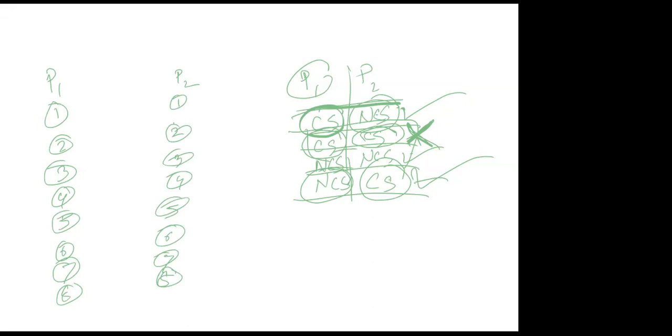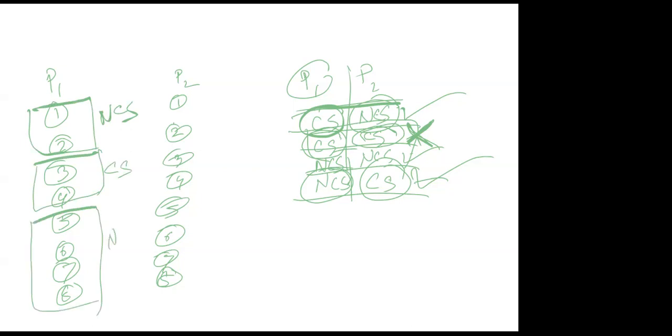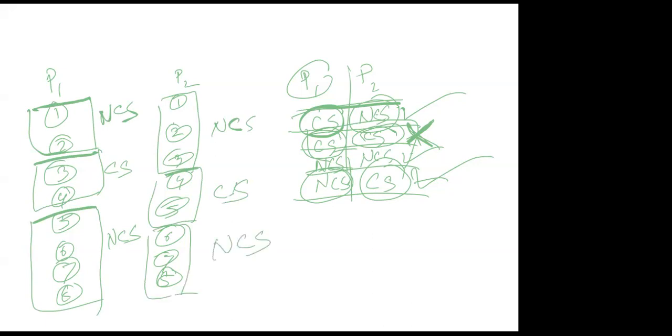Let's consider that these two lines are the non-critical section for this process, and these two lines are the critical section for this process, and the rest of the block is non-critical section. Here, these three lines are non-critical, these two lines are critical, and here these three lines again are non-critical section, for your programs.